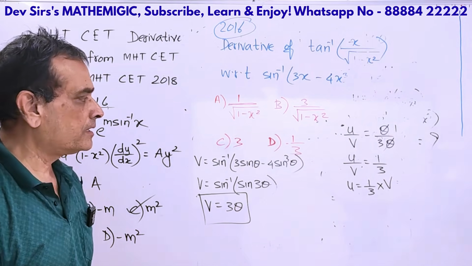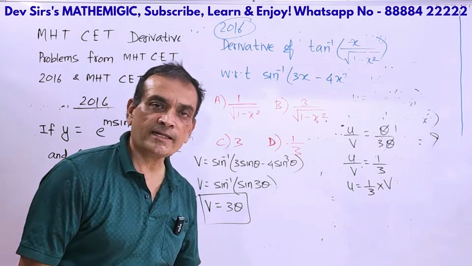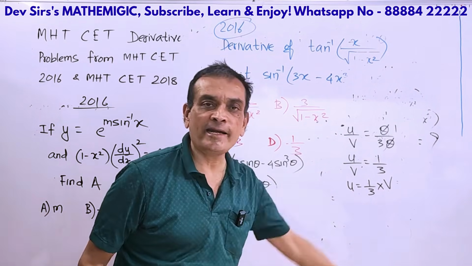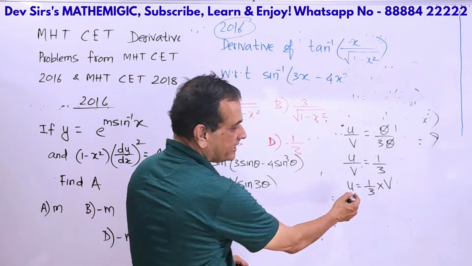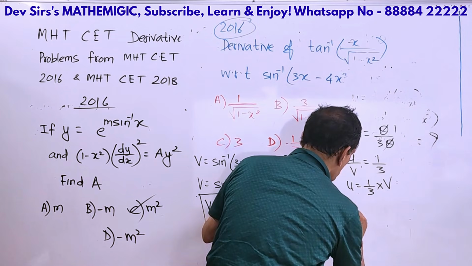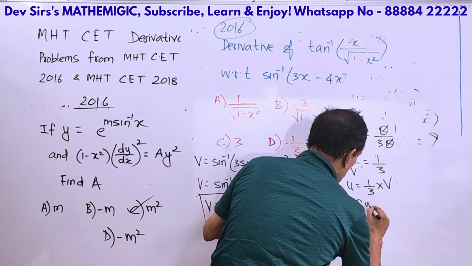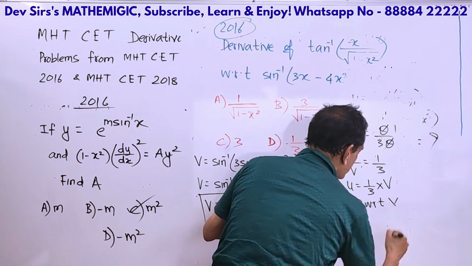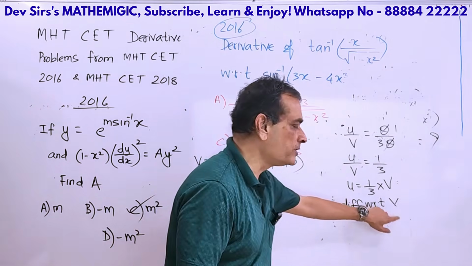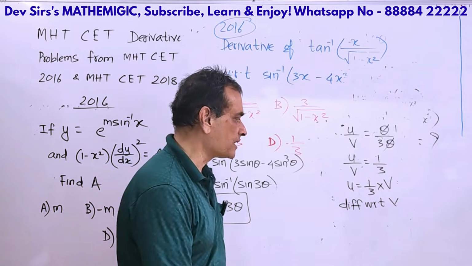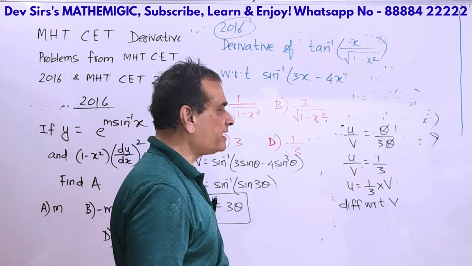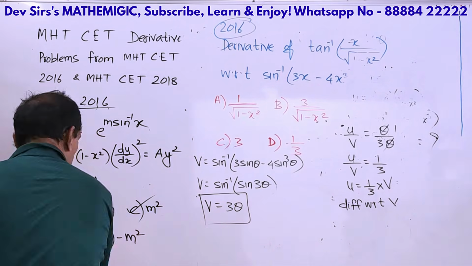Now last step, we had seen at the beginning that you have to find out du by dv. So the right hand side has v, so I am going to differentiate with respect to v. This step is only for your understanding, no need to write or show. You just have to choose the correct option.